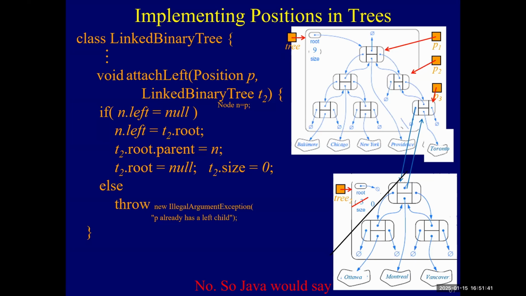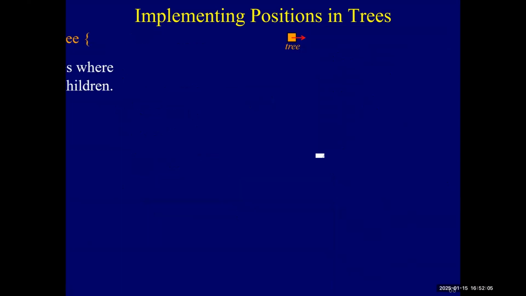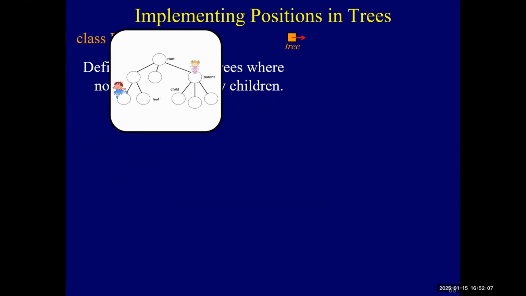No. So Java would say anything not pointed at by anybody gets deleted. All right. So then it's gone. Well, now who's pointing at this node? Nobody. And so it snowballs. Does that make sense? Anybody else? Everybody good? All right.